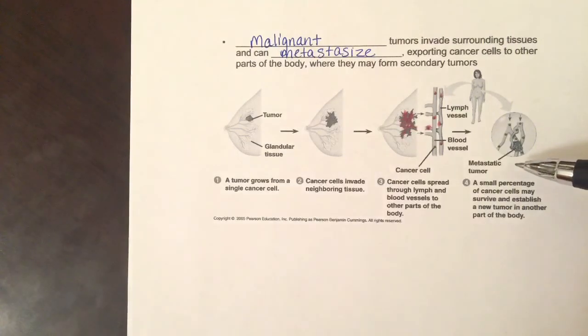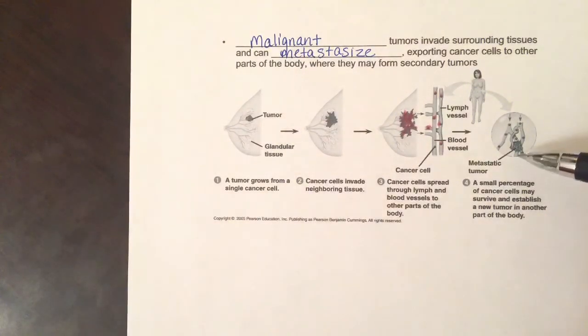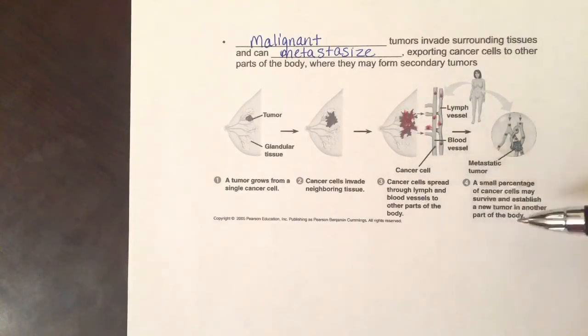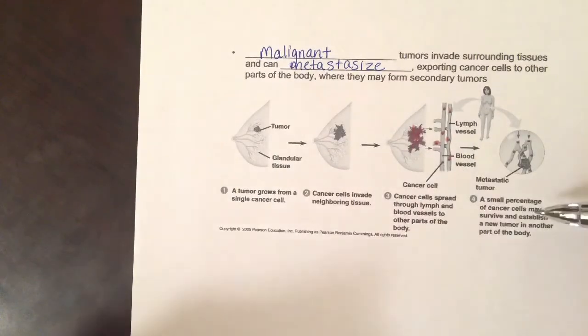So something that can start out as one type of cancer, let's say on your kidney, can spread and get into your bloodstream and attach to your lung, and so then you have lung cancer. That would be a secondary tumor. That's what we mean here when they form secondary tumors, and so on.